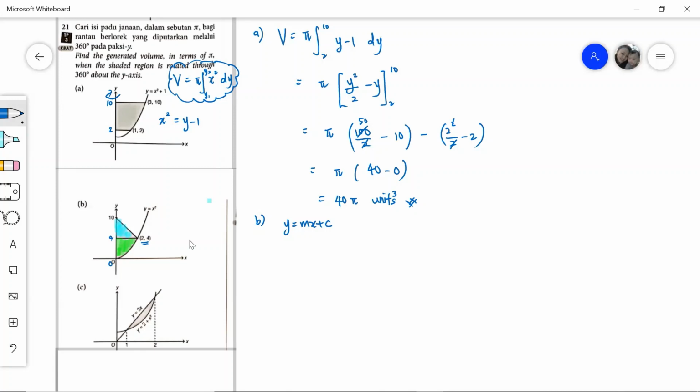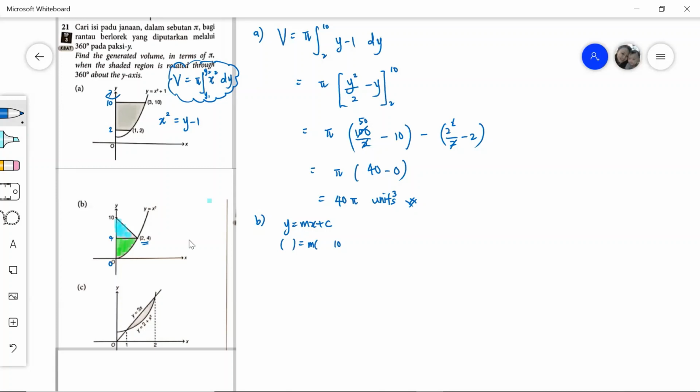We do not know the m, but we do know that this line passes through the 10 on the y-axis, so c is 10. M must be negative, but I do not know what M is, so just leave it blank. Substitute the x and y values in.